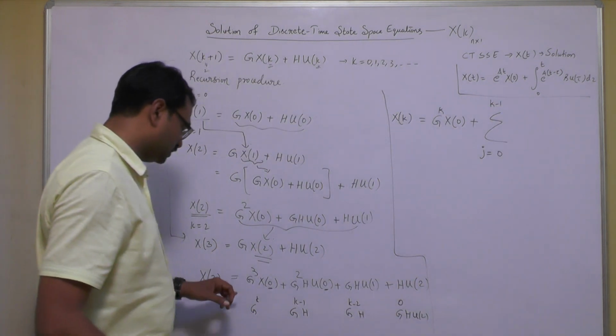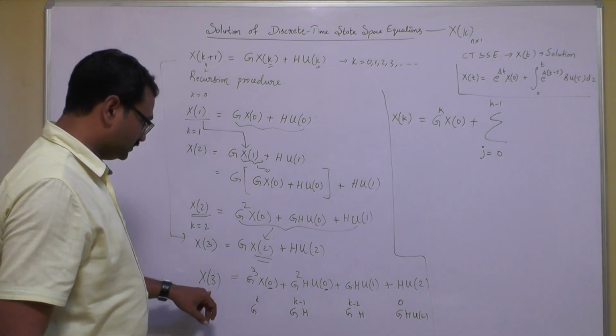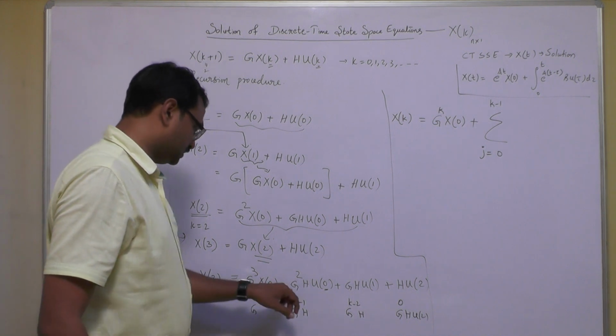You are going up to k minus 1, that is 3 minus 1.